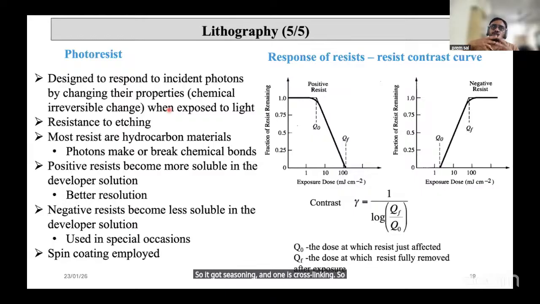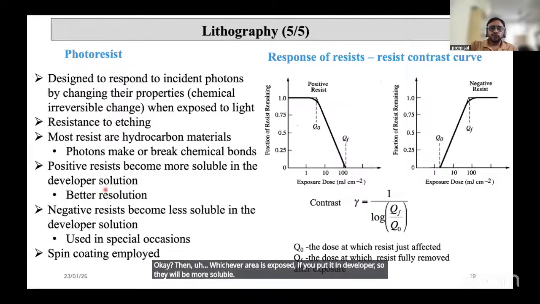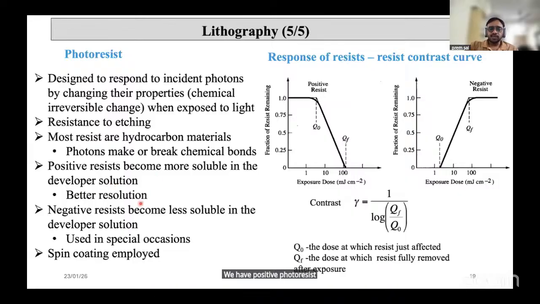For positive photoresist, they break, which they call scission. Whichever area is exposed, if you put it in developer, it will be more soluble. Positive photoresist gives better resolution, as I said. Negative photoresist, as I said, and this is a resist contrast curve.